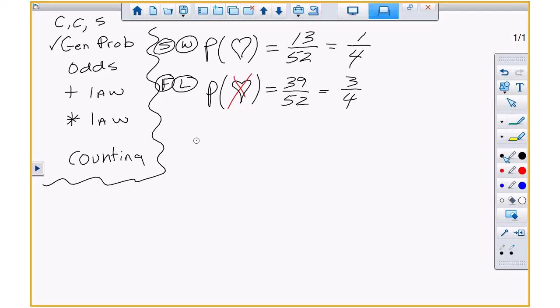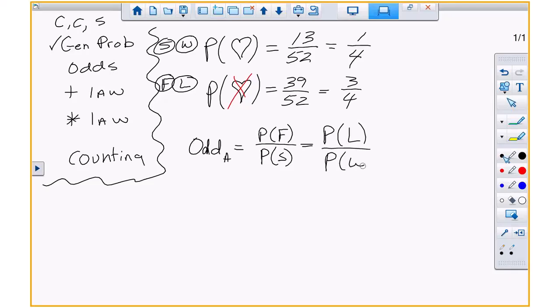What is the odds against? Probability of failure over the probability of success. You didn't watch a bit of these videos, did you? Probability of losing over the probability of winning.